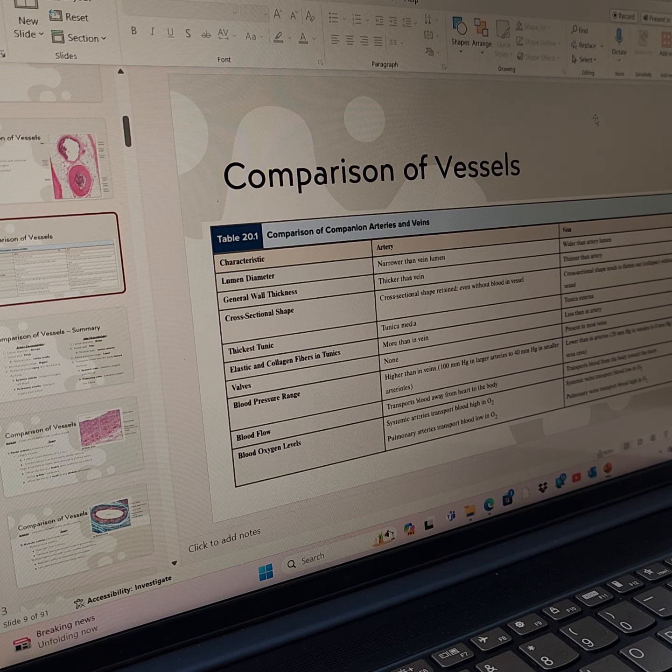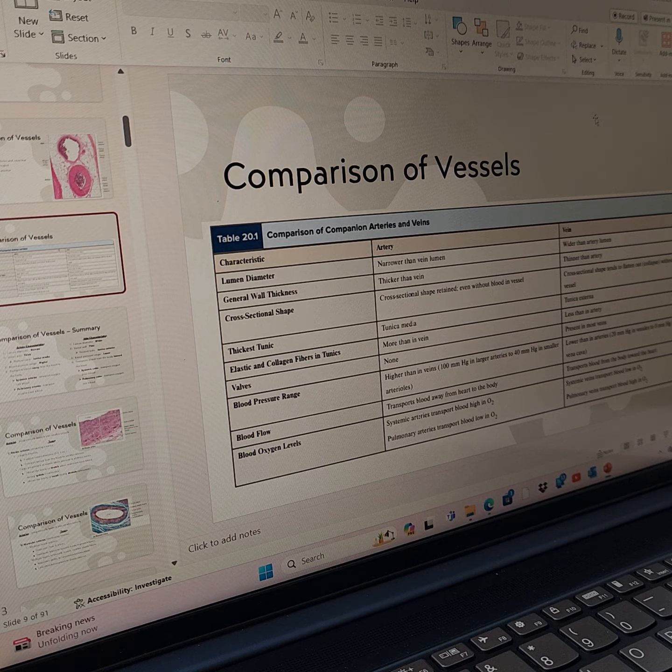The general wall thickness: arteries' walls are thicker than a vein's. Veins are thinner than an artery. The cross-sectional shape: in arteries, the cross-sectional shape is retained even without blood in the vessel. In veins, the cross-sectional shape tends to flatten out or collapse without blood in the vessel.